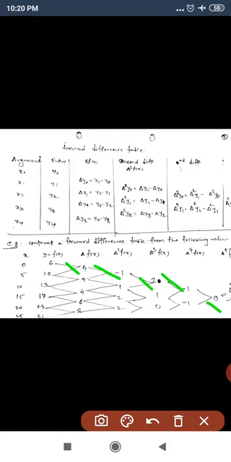These values are del of y0, del square of y0, del cube of y0, del to the 4 of y0, and del to the 5 of y0. In the forward difference table, we are calculating del of y0, del square of y0, del cube of y0, del to the 4 of y0, and del to the 5 of y0.